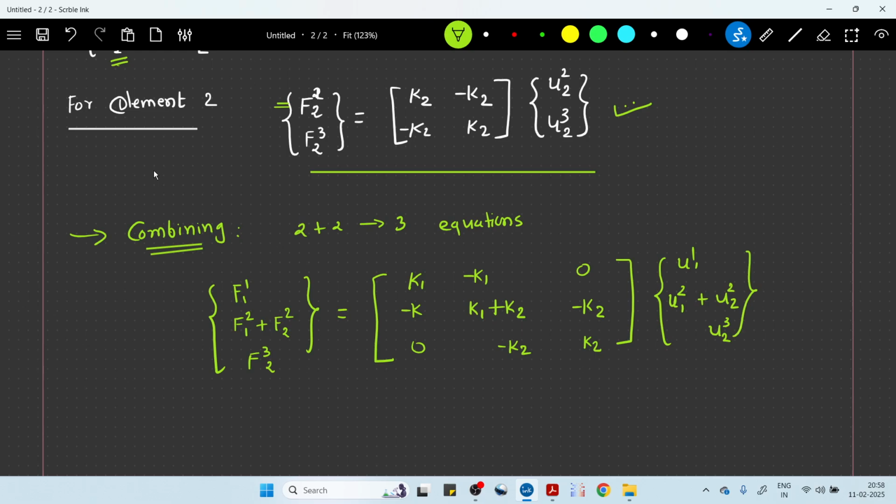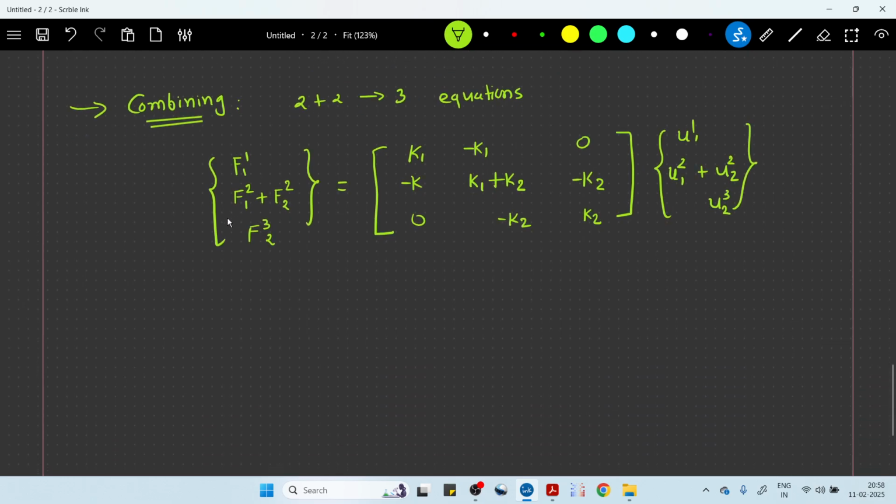Okay, so I'll just further simplify this. Now I'll remove this subscript, because I have only force, I will have now a single force vector, and external force at each node there is a single value.